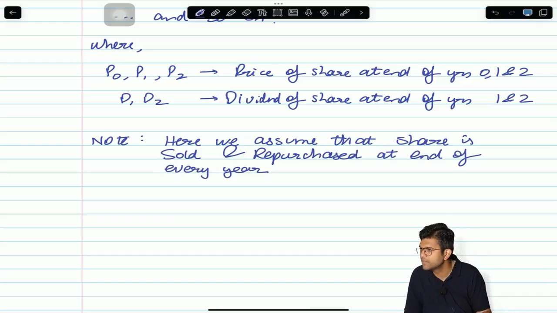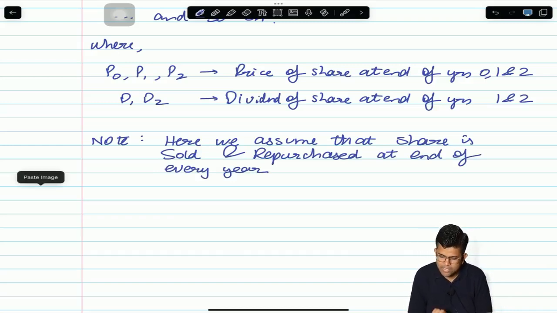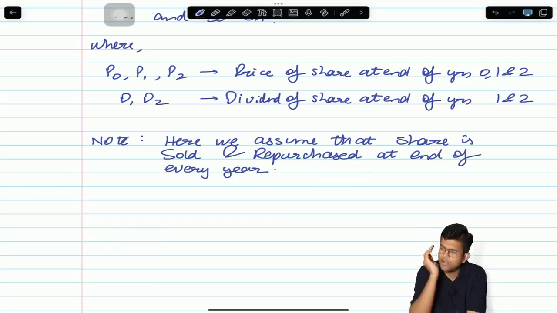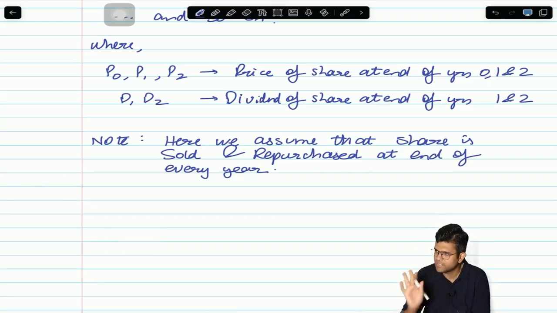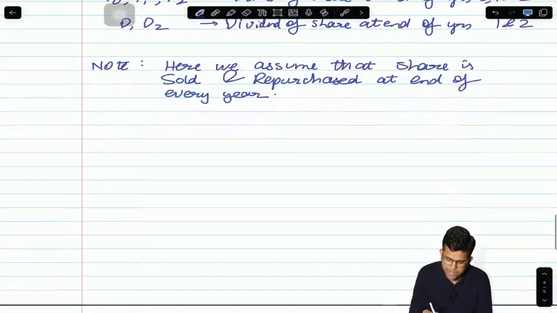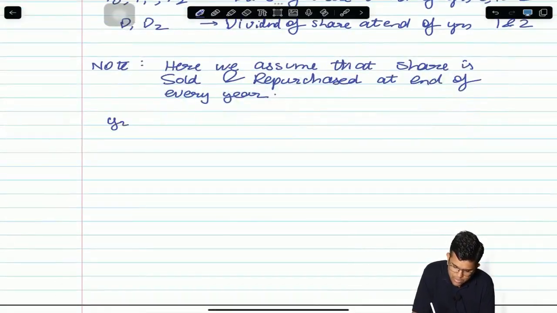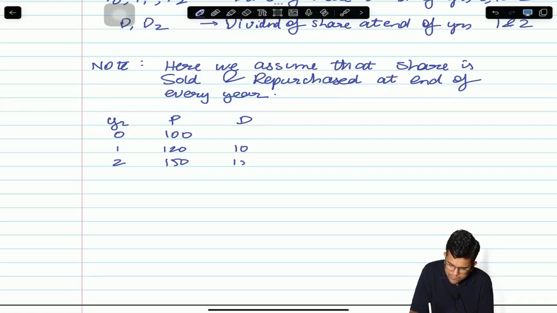Please read this: it is assumed that the share is sold and repurchased at the end of every year. Why is it an assumption? I will tell you. See, if I give you year and price and dividends: 0, 1, 2, prices 100, 120, 150 and dividends, let's say, 10 and 15.